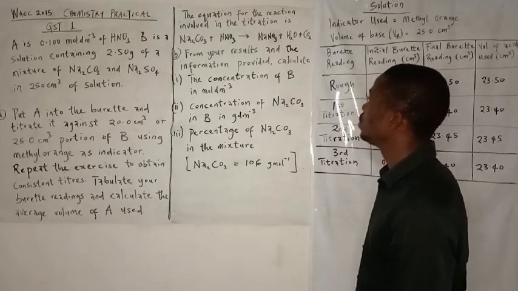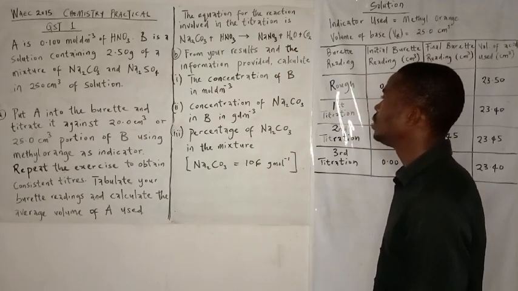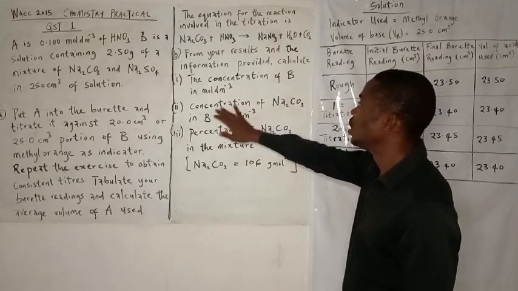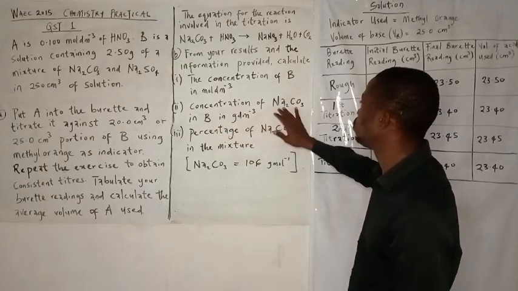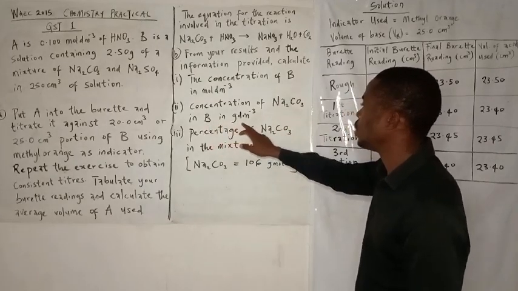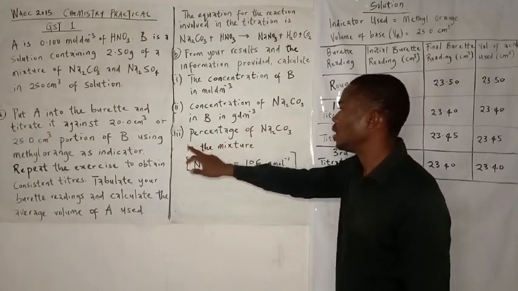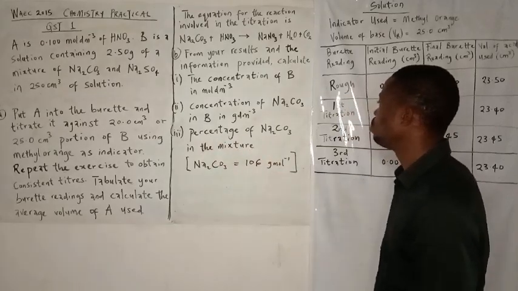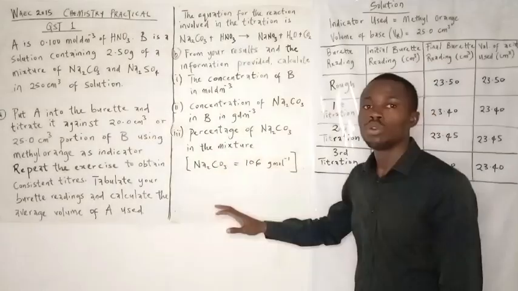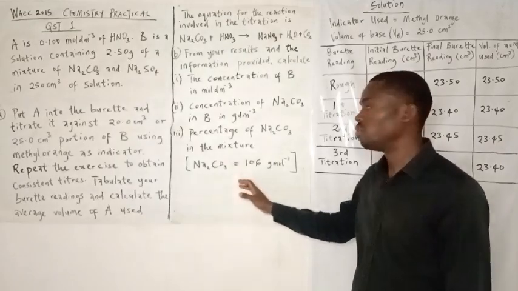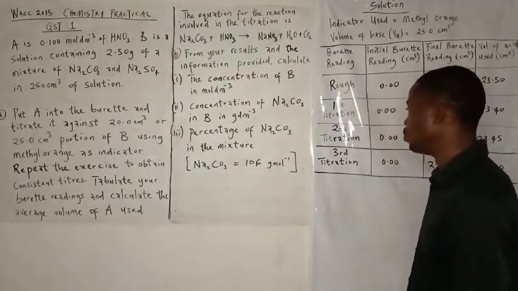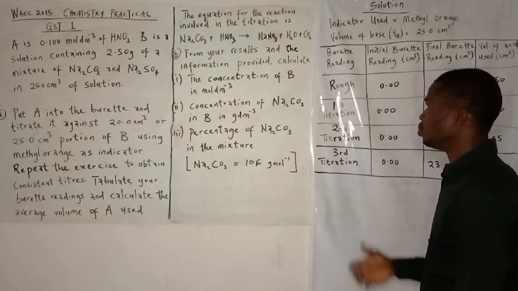Then from your results and the information provided, calculate I, the concentration of B in mole per dm cube, II, the concentration of sodium trioxocarbonate(IV) in B in grams per dm cube, then III, the percentage of sodium trioxocarbonate(IV) in the mixture. From the question, we have been given the molar mass of sodium trioxocarbonate(IV) to be 106 grams per mole. And so we'll get along.